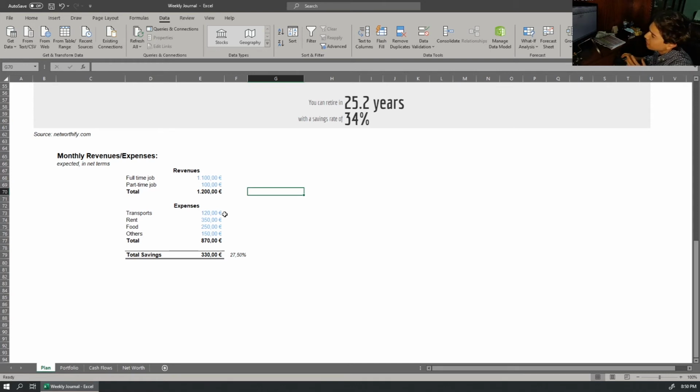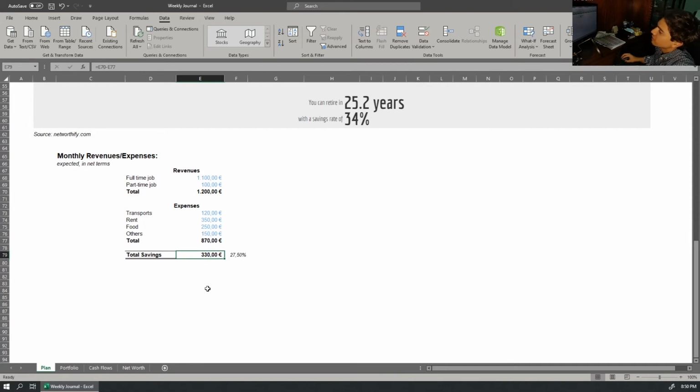And regarding my expenses, once again, some of these might not be that high. I'm being a little cautious here, underestimating my revenues and overestimating my expenses, but this is only in order to define at least a minimum target that I want to save every month.